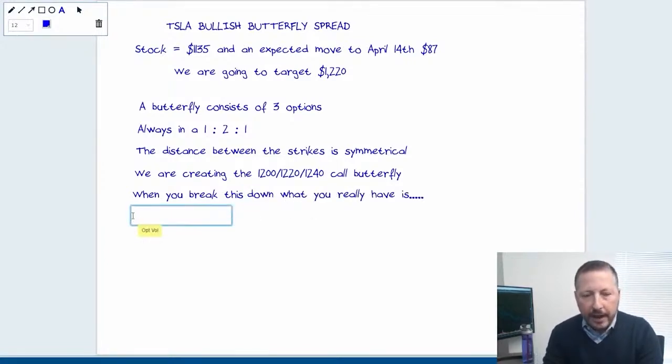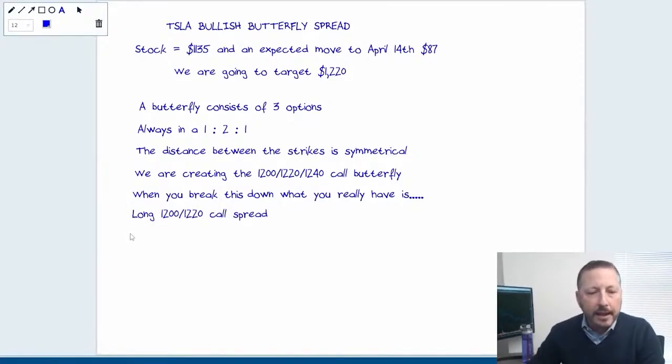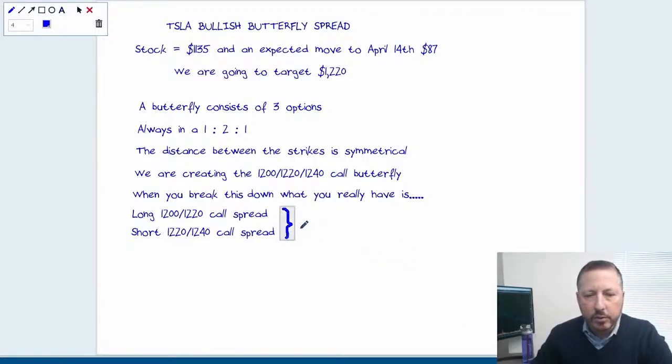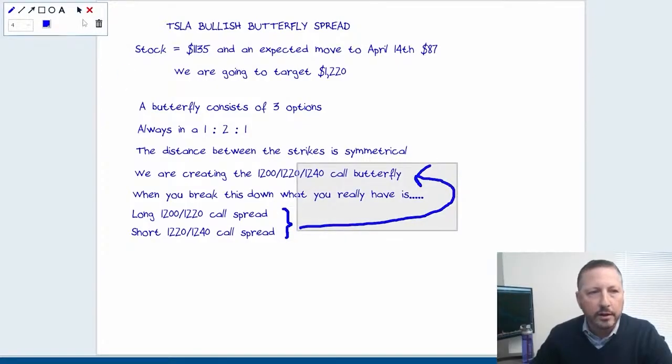We have a long 1200, 1220 call spread, and then we have a short 1220, 1240 call spread. This is the equivalent of the 1 to 2 to 1 ratio.